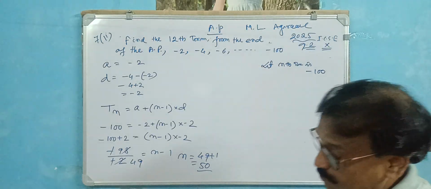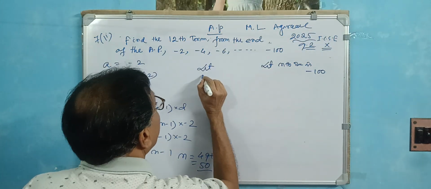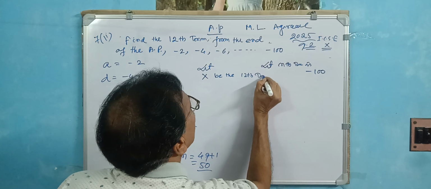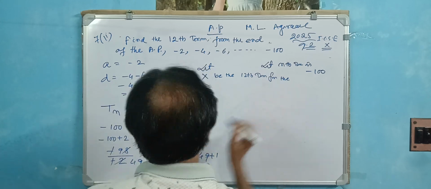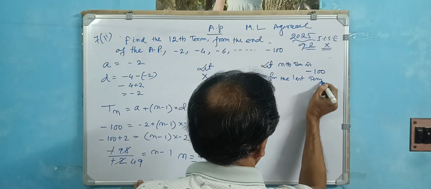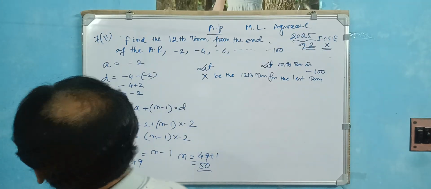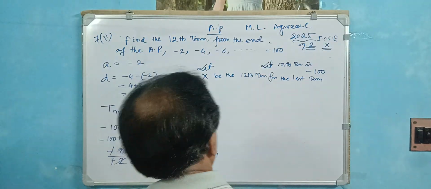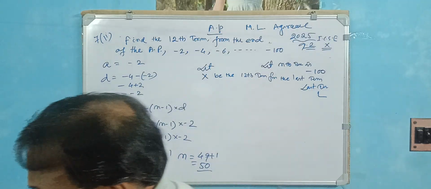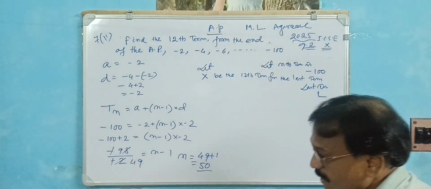You don't know the value of the 12th term, so let x be the 12th term from the last term. The last term is L.